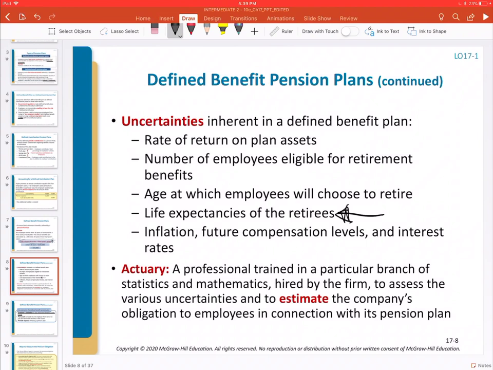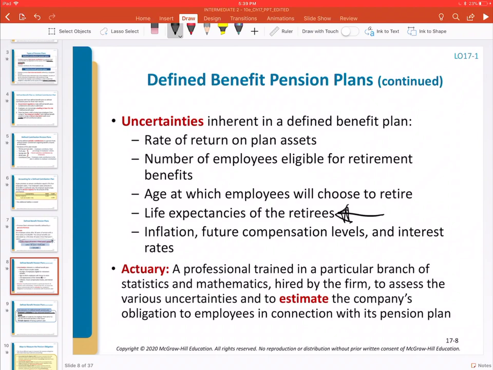So over time, as more and more of their employees get to retirement age, the company would have to start setting aside more and more money in that plan asset fund, because again, they need to have enough cash available in order to pay those retirement benefits that they're promising. So plan assets is very simply going to be a cash account, but it's an earmarked cash account. It's an account that the company is using to set aside for the sole purpose of paying out retirement benefits.